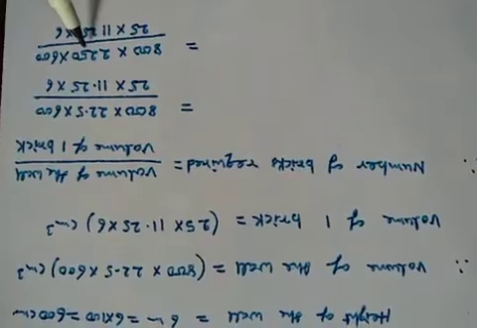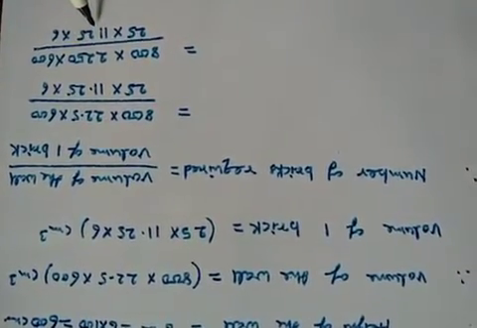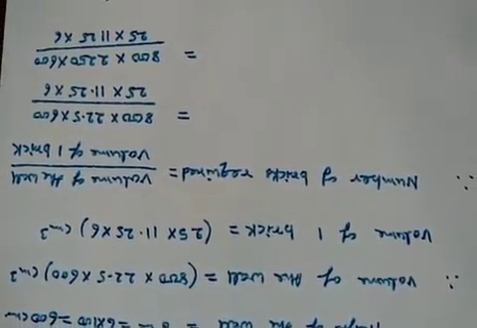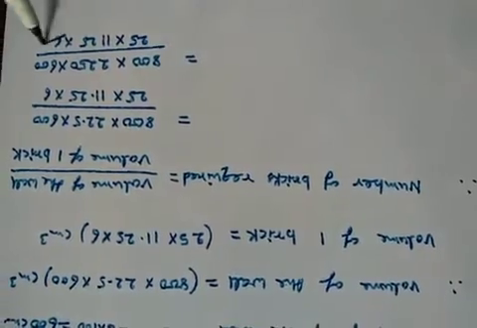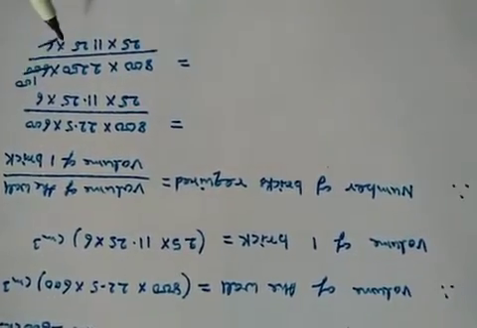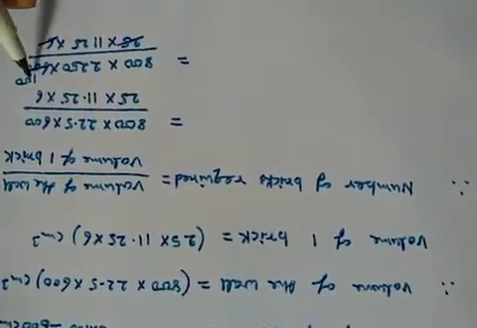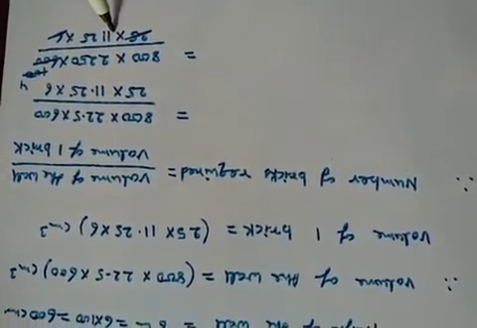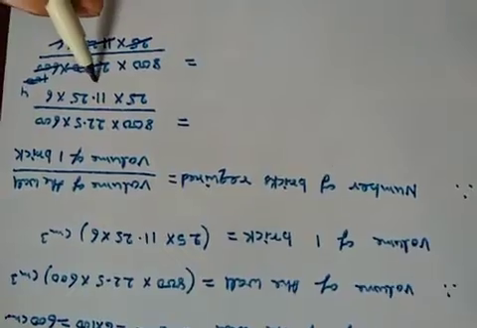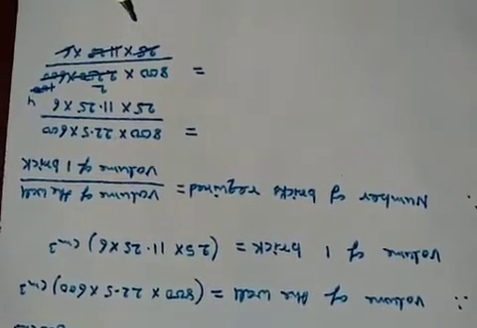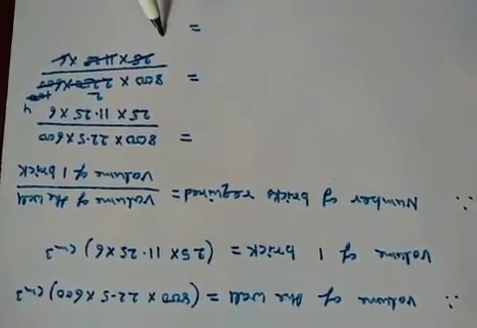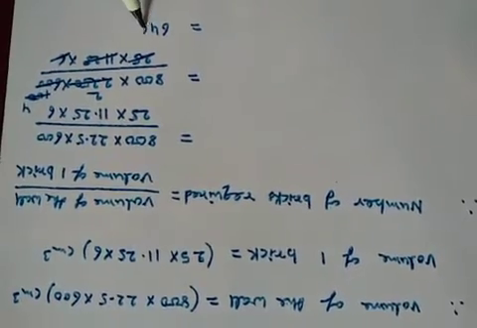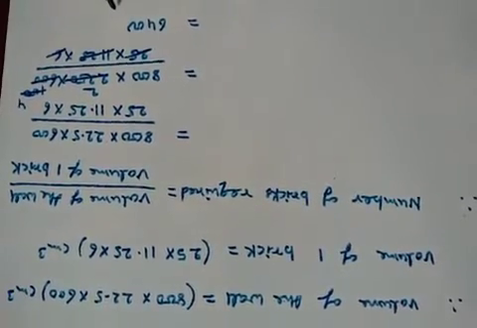This becomes, replacing decimals, so 600 cancels 600, 25 times 4 is 100, and 1125 times 2 is 2250, equal to 6400. This is our answer.